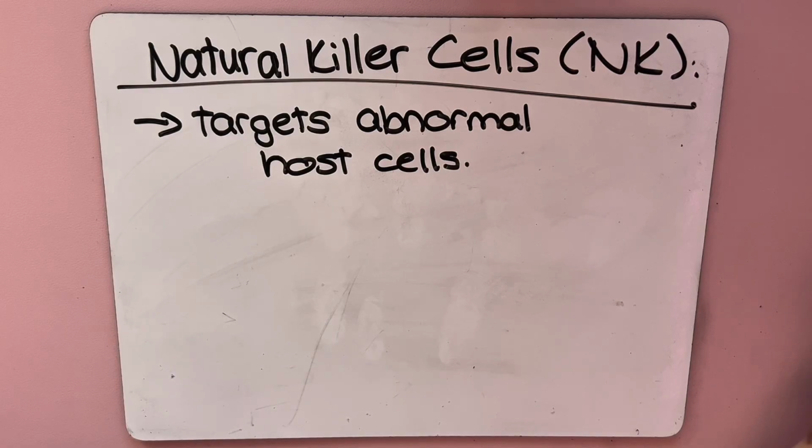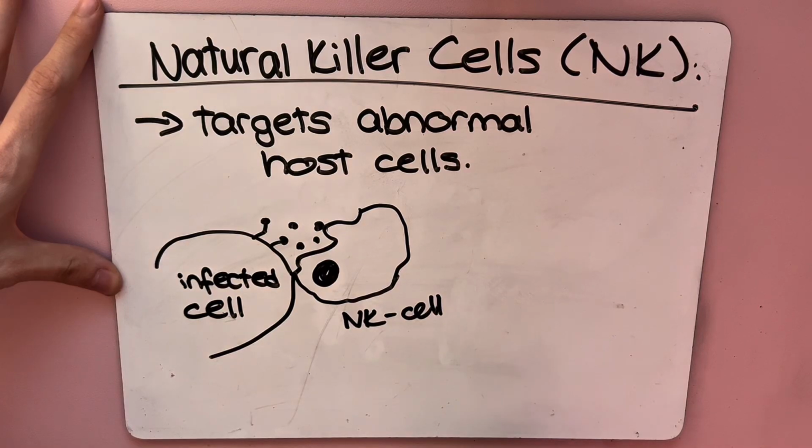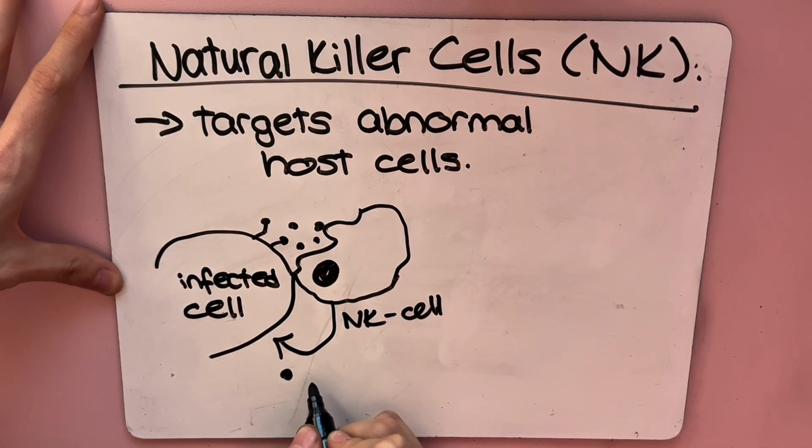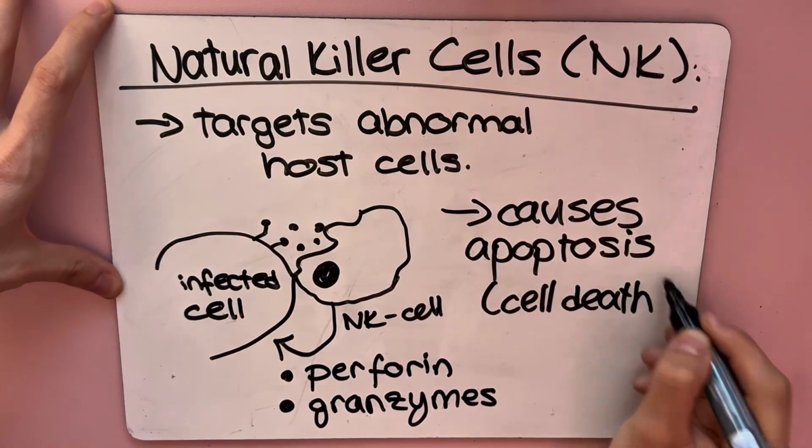The reason for that is that cells infected by viruses, or the ones that turn cancerous, have a tendency to increase their amount of receptors, and the natural killer cells are able to detect these. If a cell is missing certain self-markers or has other distress signals on its surface, the NK cell will release toxic granules called perforin and granzymes that induce the infected cell to die, basically a form of cell suicide called apoptosis, cell death.